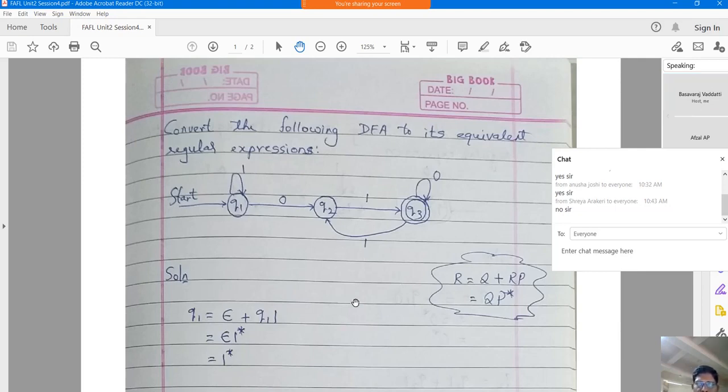Try to verify which are the input arrows to state Q2, and according to those input arrows, write the formula.